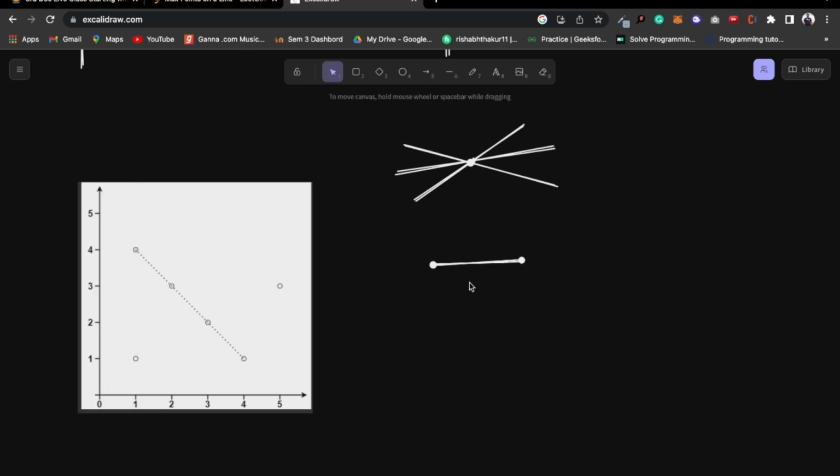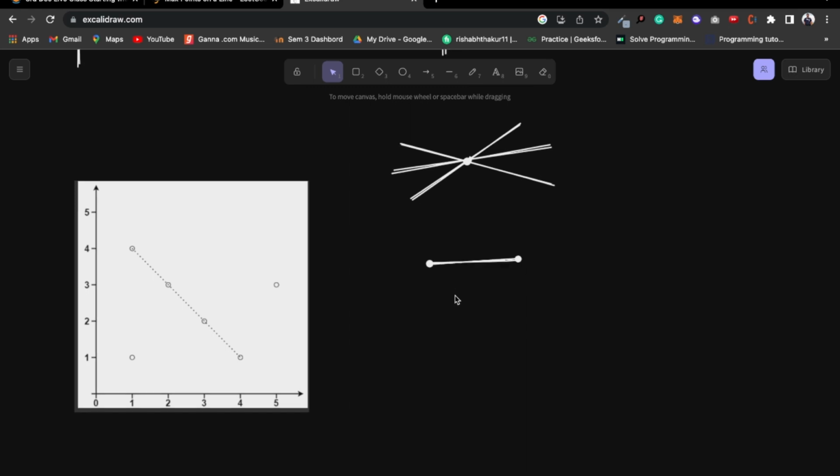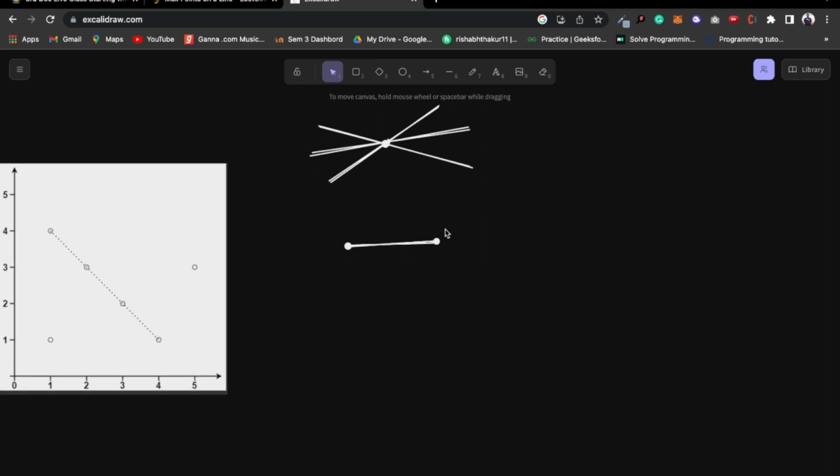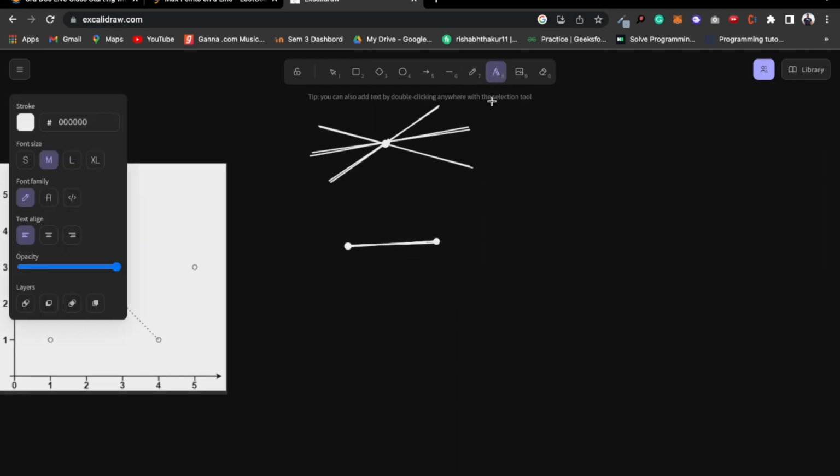Next we have to calculate the slope of the line. If people are confused about what the slope of a line is, there is a formula for it. Let me write it down. Let's assume that these two points are x1, y1 and x2, y2.